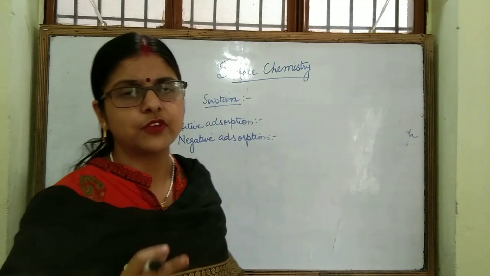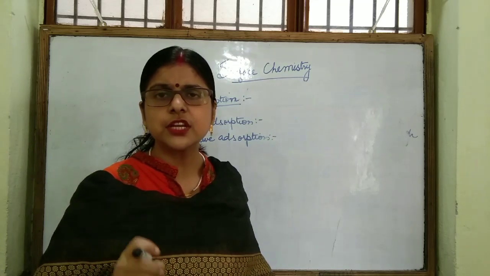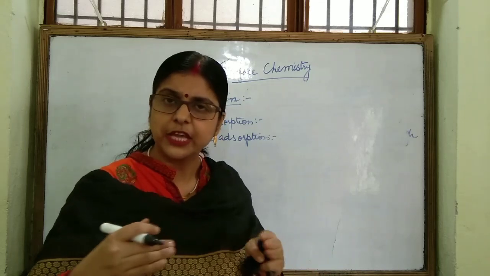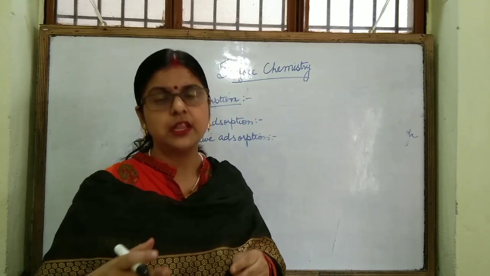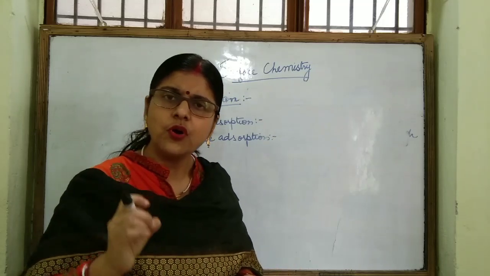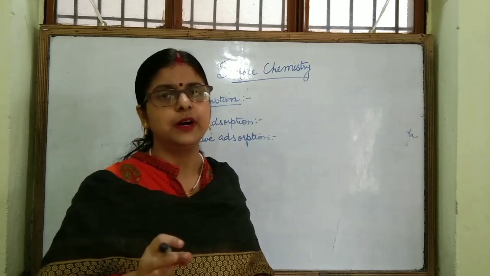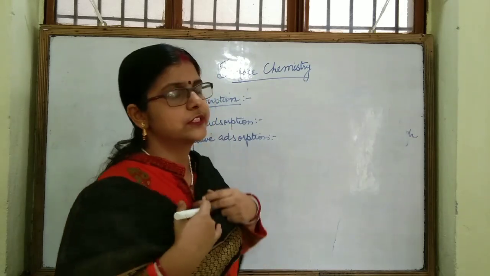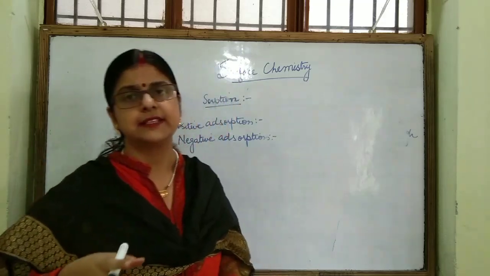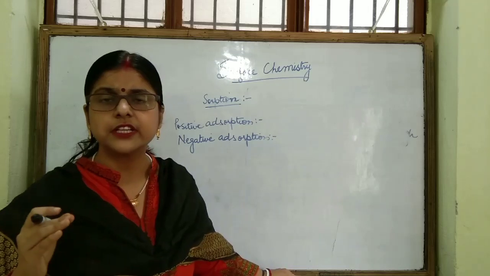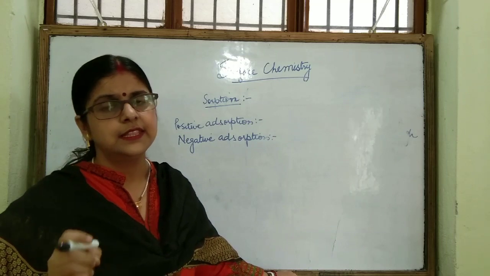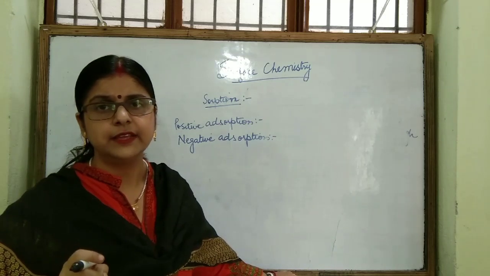If in a process of adsorption, the concentration of the species which is being adsorbed on the adsorbent is more on the surface than in the bulk, then that is known as positive adsorption. If there is any case in which the concentration of the species is more in the bulk than on the surface, then it is known as negative adsorption.